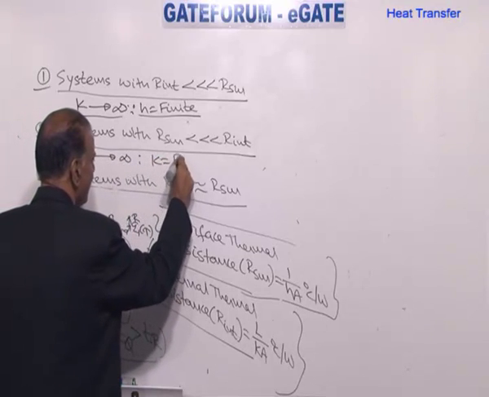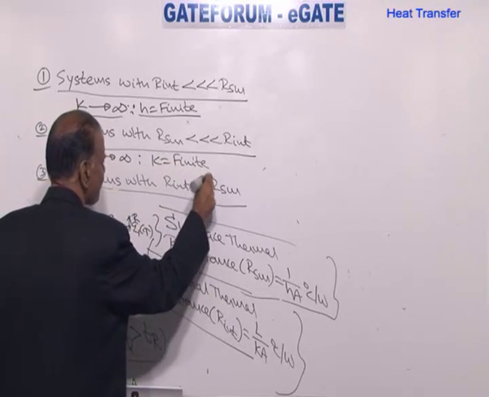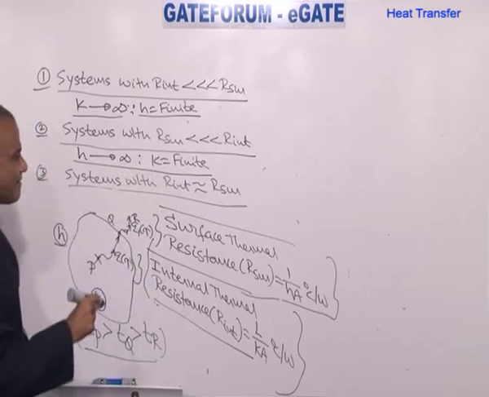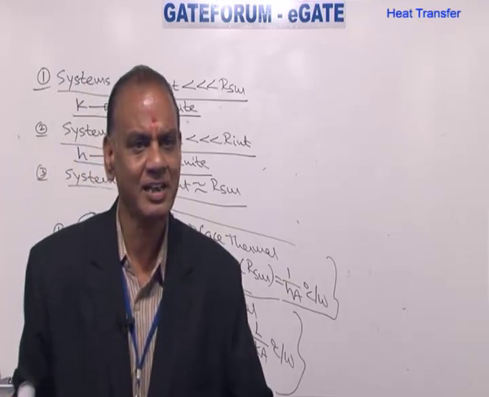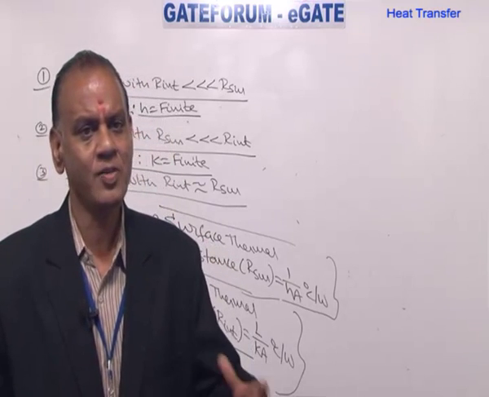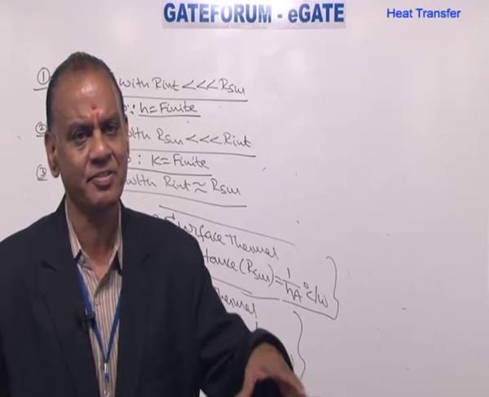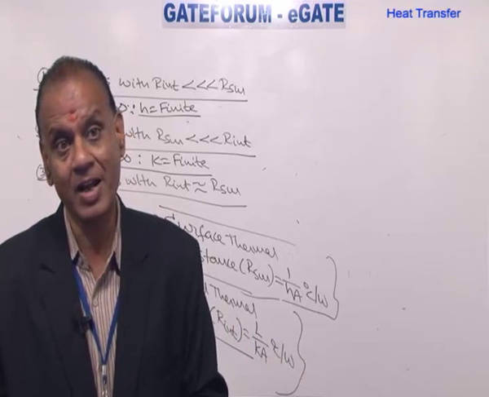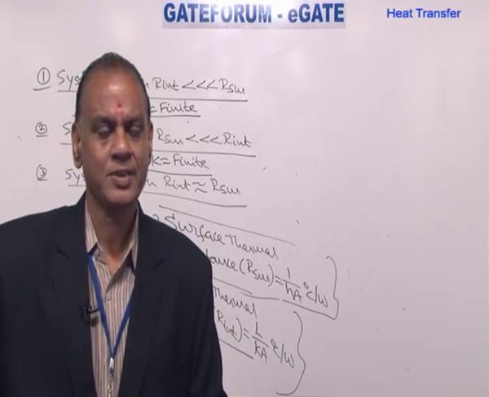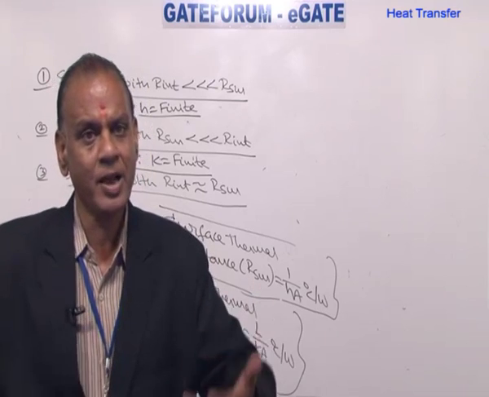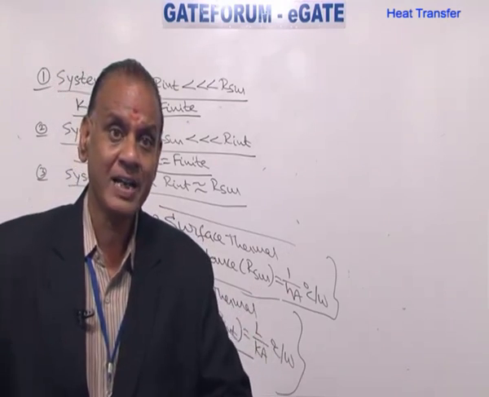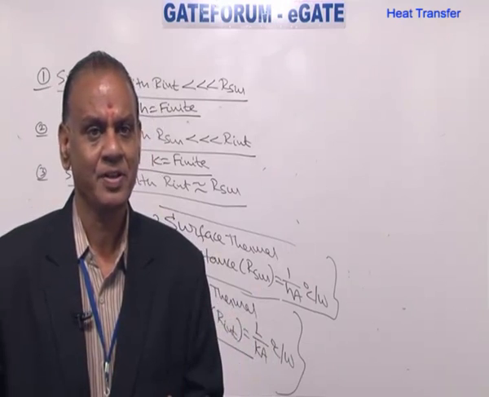At the same time, K must be finite. Exactly opposite. Large value of H will make R surface negligible. Finite value of K will make R internal big. Earlier, large value of K will make R internal very, very small. Finite value of H will make R surface big.